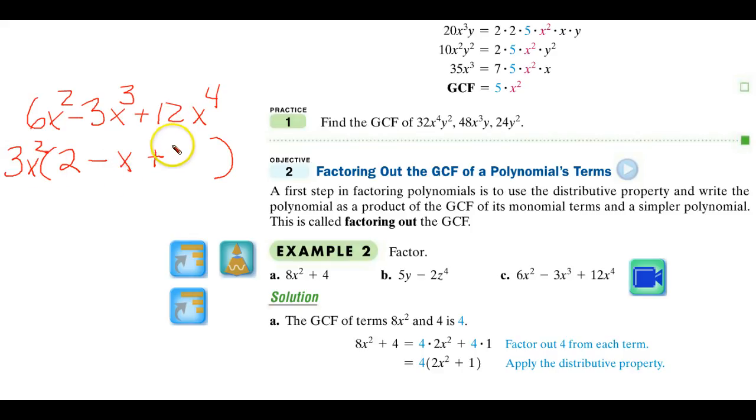And here there's a 4x squared. Now keep in mind you can always check these by reversing the process, that is multiplying to get this, and here we factored out the greatest common factor.